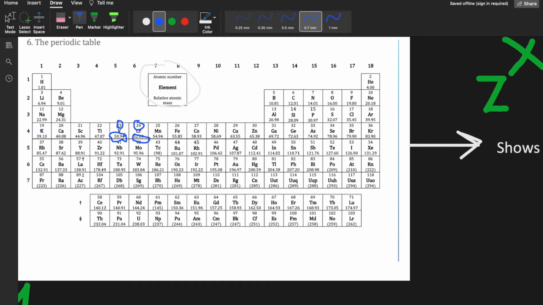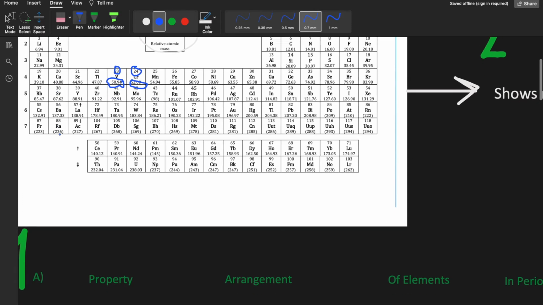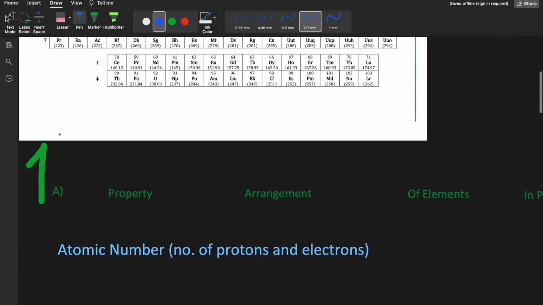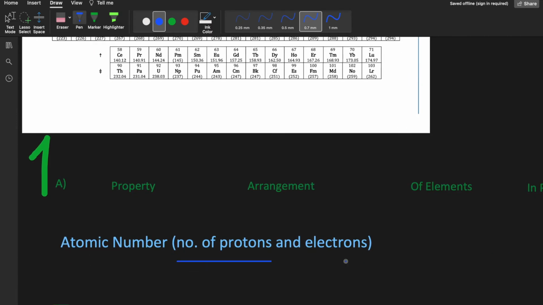But in each period, going across the period, for example, from potassium to krypton, each element has the atomic number increased by 1. That means that the protons and electrons are increasing by 1 each in the element. So we can say that the property in which the elements are arranged within the periodic table is the atomic number of the element, the number of protons and electrons in the element.